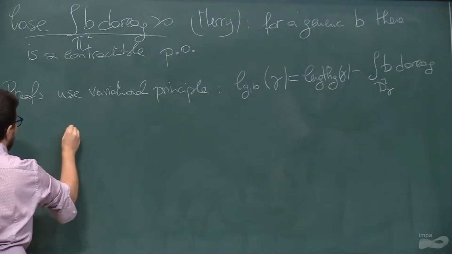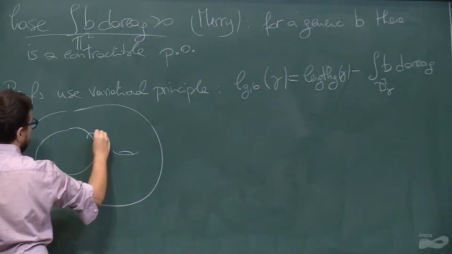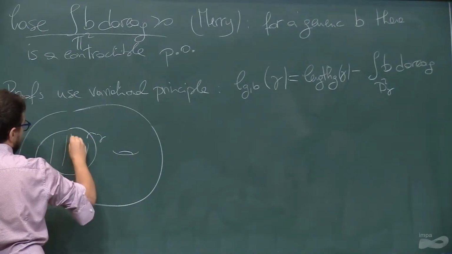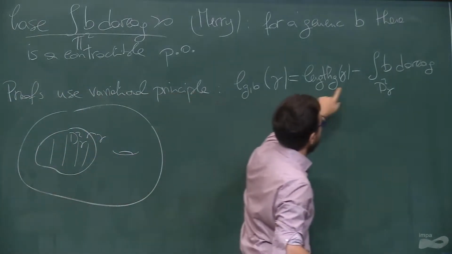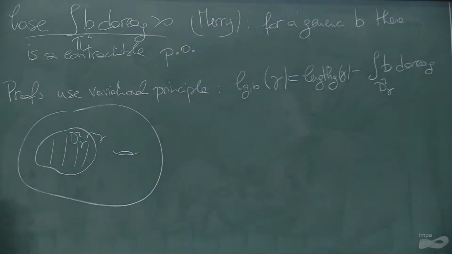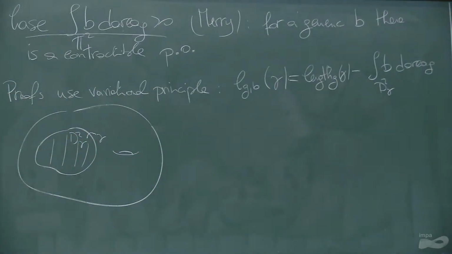So if I have my gamma, which is a contractible curve in my torus, and then here I have my disk T2 of gamma, then a combination of the length of the boundary and the integral of B on the disk will give my action functional such that the critical points of this are exactly contractible periodic orbits. And actually, in the case where the integral of B is equal to 0, there is another way to define the function such that it's well defined on every free homotopy class.